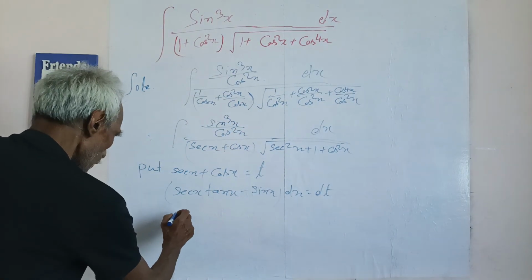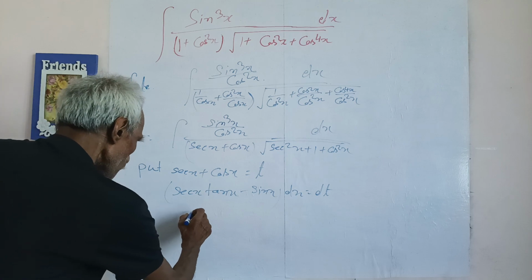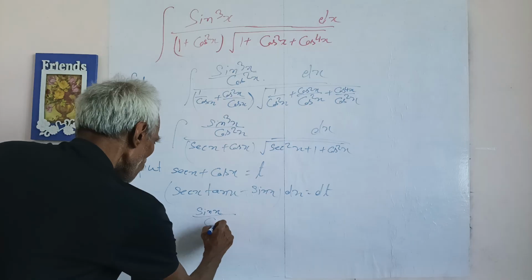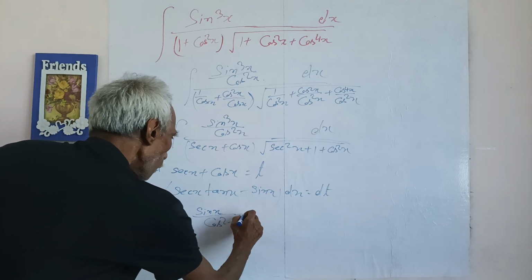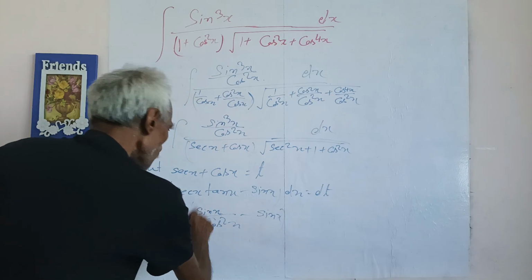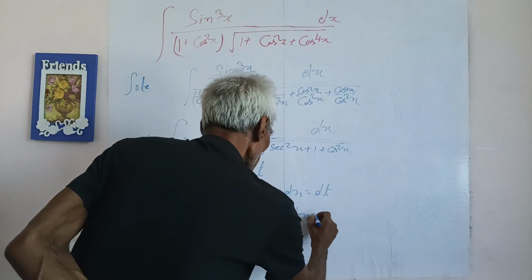Now it can be written as sin x by cos square x minus sin x dx is equal to dt.